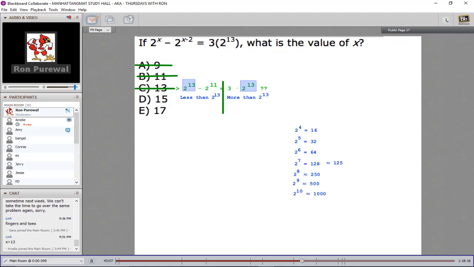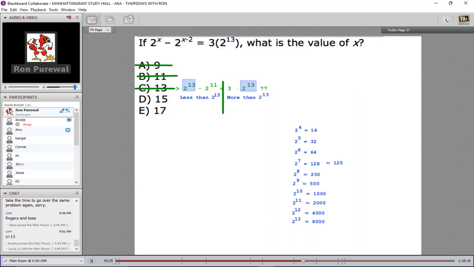So 2 to the 11th is approximately 2,000. 2 to the 12th is approximately 4,000. 2 to the 13th is approximately 8,000.